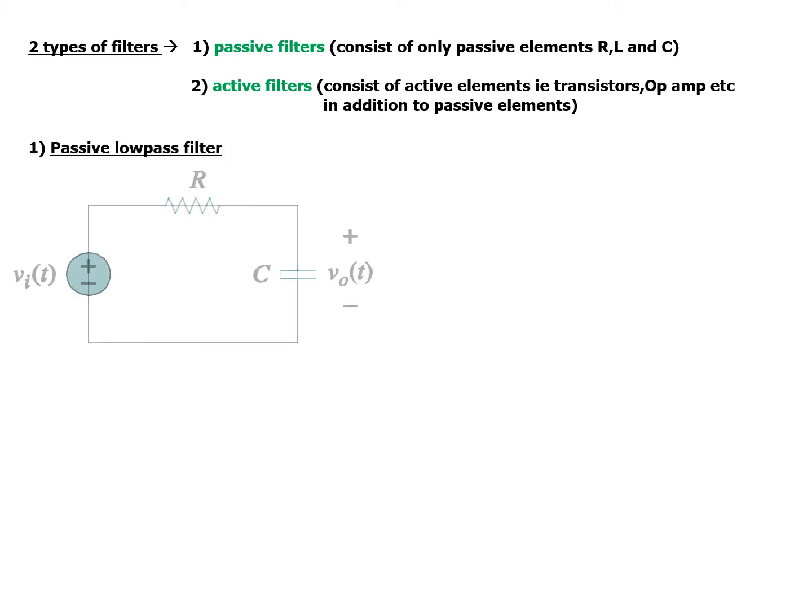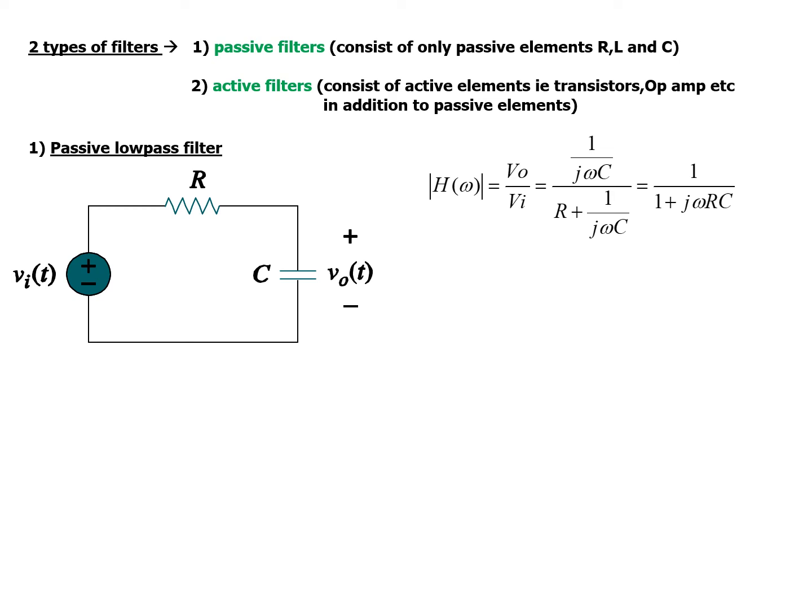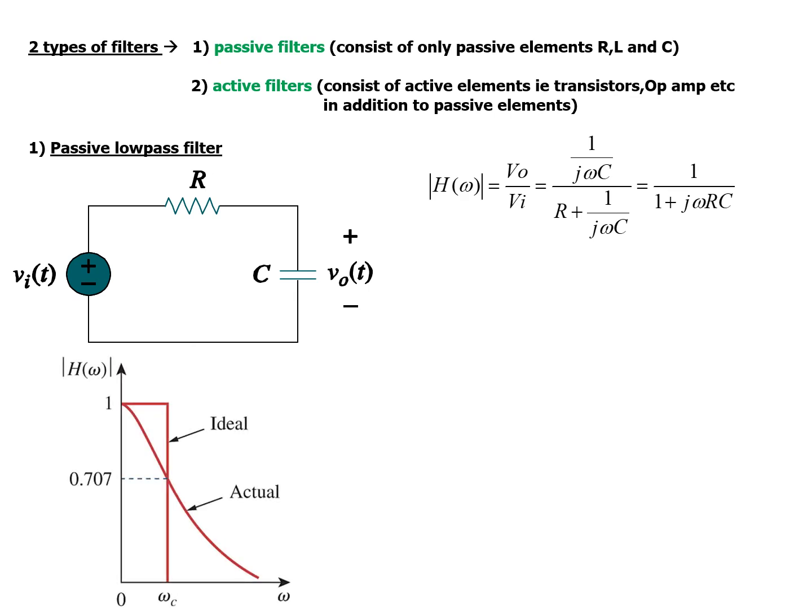Now, the passive low-pass filter looks simply like an RC circuit, and the output is measured across the capacitor. Looking at the transfer function, V out over V in, which was previously discussed, results in 1 over 1 plus j omega RC, and we have a transfer function graph which shows omega C, a cutoff frequency at 0.707 of the magnitude.